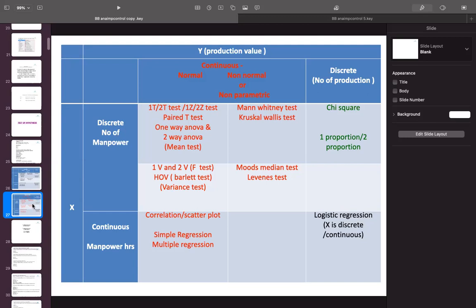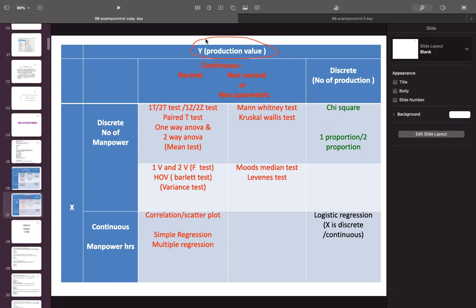Okay. First example. The first thing you are supposed to see is, what is my y, what is my x? Let me show it one by one. In this example, you can see our project is production value, right? This is our project, so that is our y.